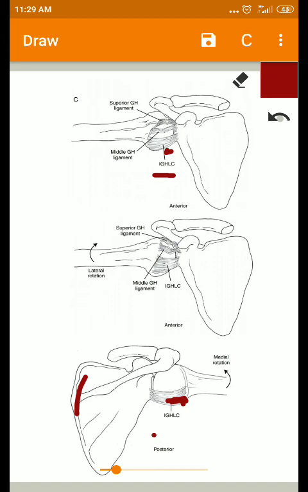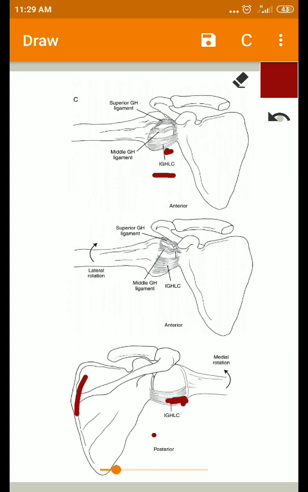Whatever the position, all the glenohumeral ligaments take part, and they increase the stability of the joint by tightening the capsule and limiting the translatory motions of the humeral head.